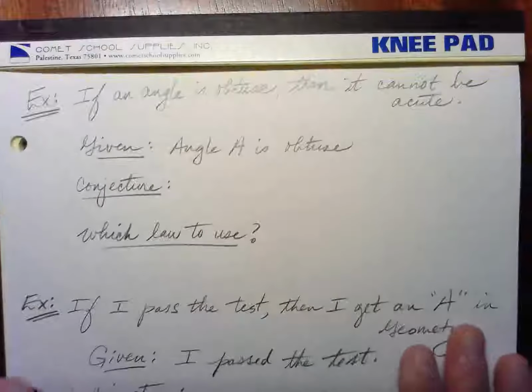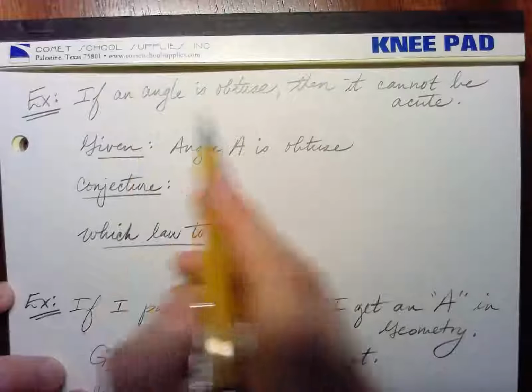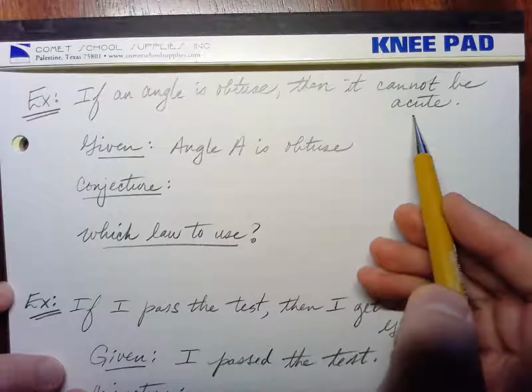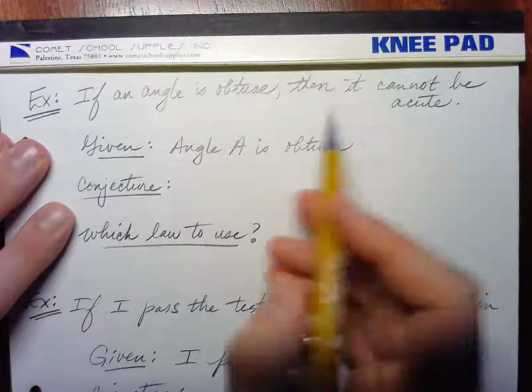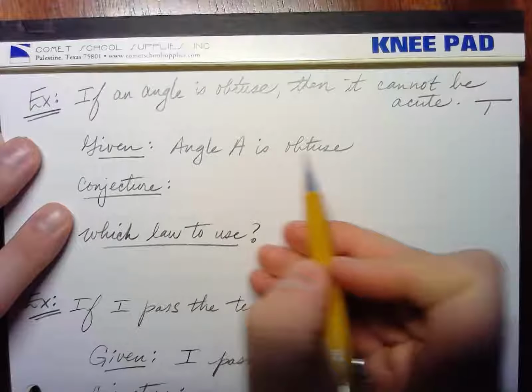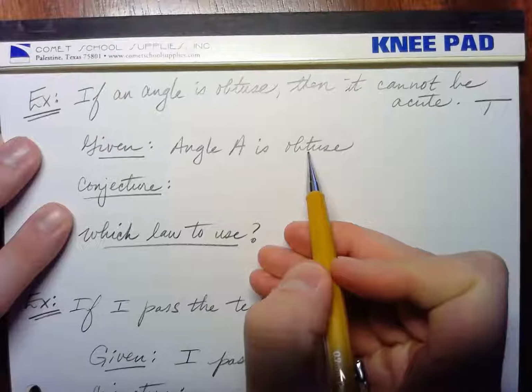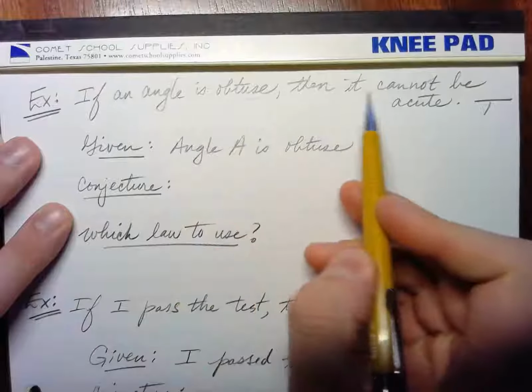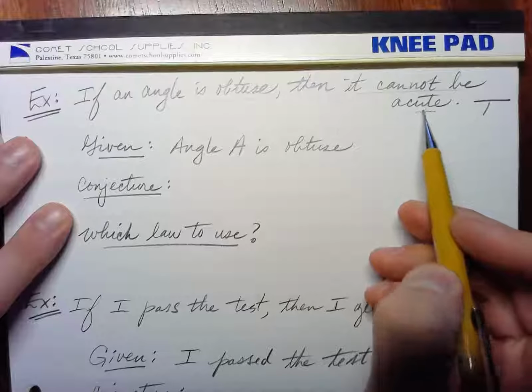Here are some examples. If an angle is obtuse, then it cannot be acute. Well, that's obvious, so this is obviously true. Given: angle A is obtuse. Well, if angle A is obtuse, then it cannot be acute, based on this statement right here.